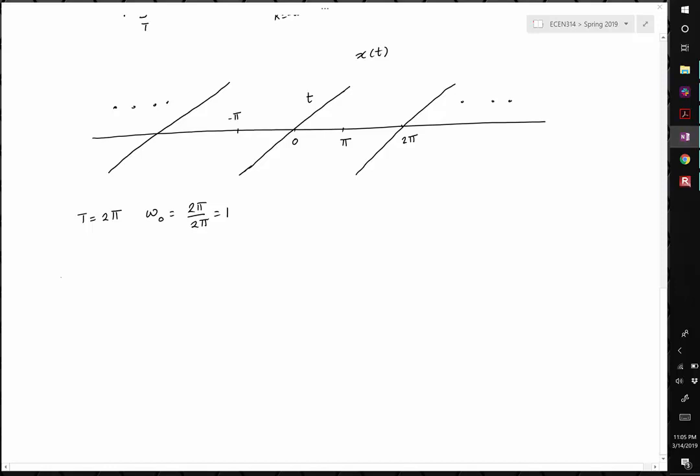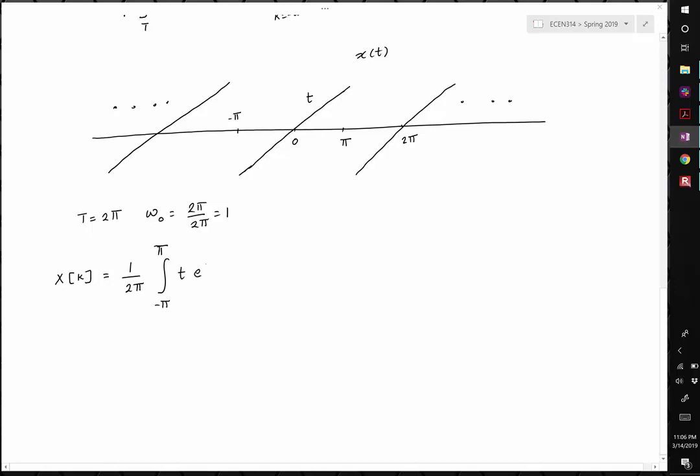All right, so how do we compute the Fourier series coefficients? Well, we just plug x of t into the formula and evaluate this expression. So one period of the signal goes from negative pi to positive pi. The signal is given by t.